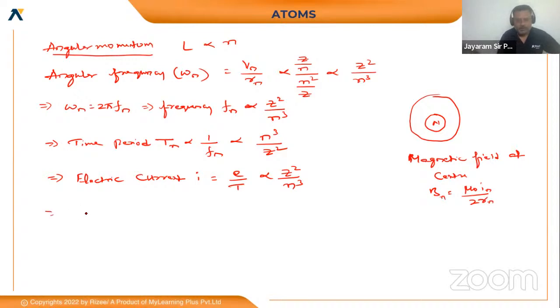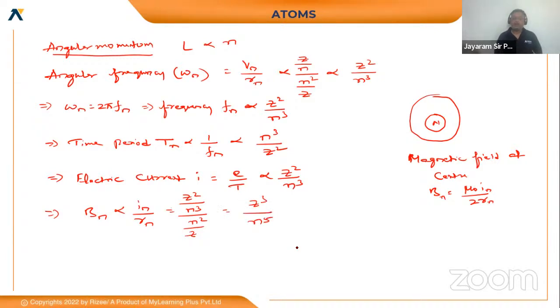So from this one, magnetic field of the nth orbit is proportional to In by Rn, where In is proportional to Z square by n cube, and Rn, that is the radius of the nth orbit, is n square by Z. So which is equal to Z cube by n to the power of 5.